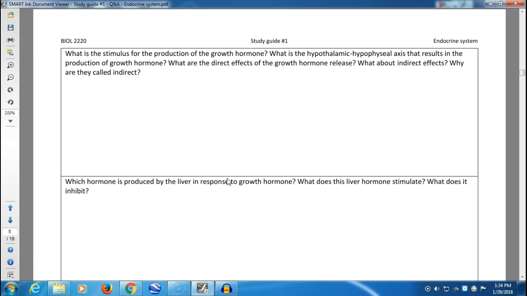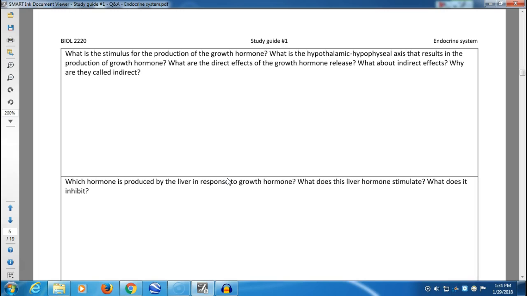Think about this, okay? We'll get to the effects. Now, in terms of regulation, what is the first hormone in the axis that's produced? GHRH, growth hormone releasing hormone. It's produced in the hypothalamus, acts on the anterior pituitary, which releases growth hormone.